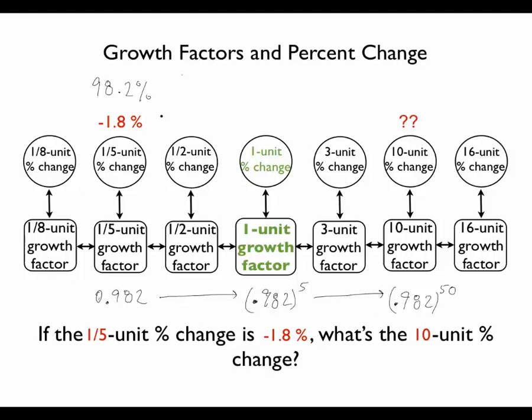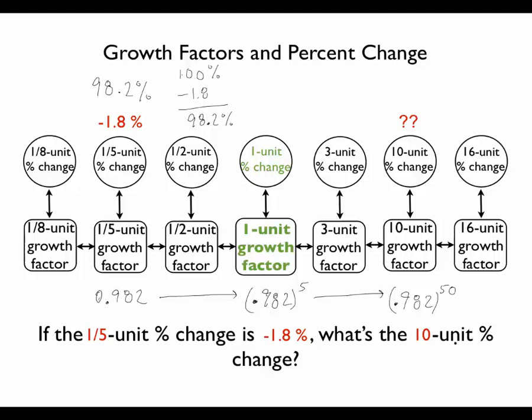You're going to take 100% minus 1.8, and you're going to get 98.2% that's kept every 1/5 unit. And that's our multiplier, 0.982.